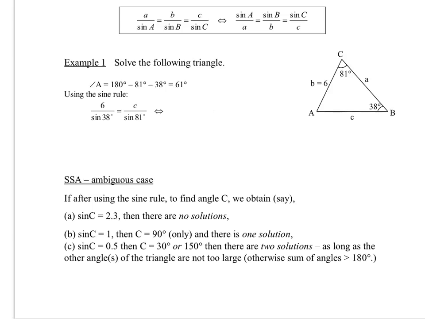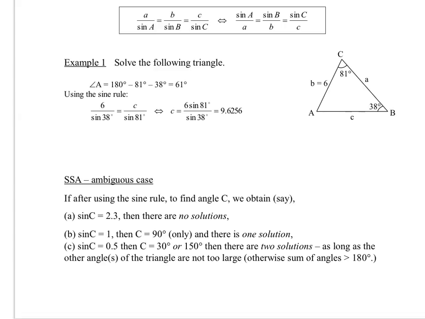So that's equal to C, this side here, over sine of 81. And then it's possible to solve that for C. We just rearrange it so that we can find out what C is equal to. If you do that, we'll get 9.6256. So that gives us side C.